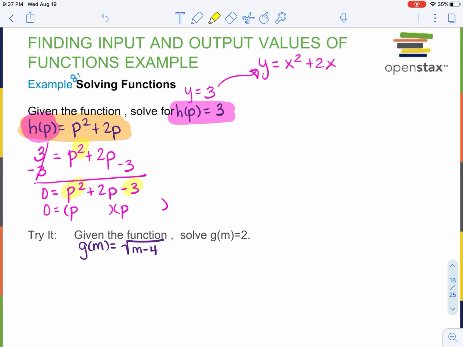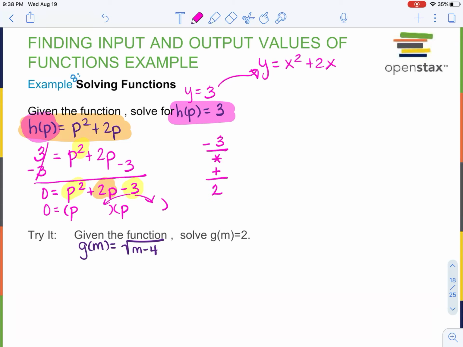And then for the last one, what are the numbers that you can multiply together to get negative 3? However, at the same time, you have to add them up. Those same two numbers you add up, and you get this middle number, which is 2.